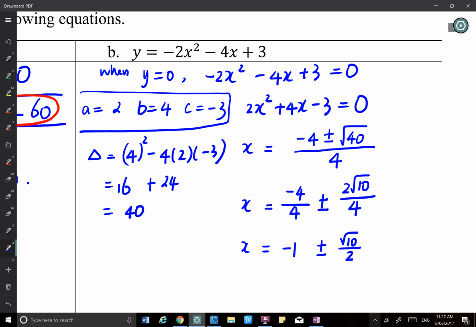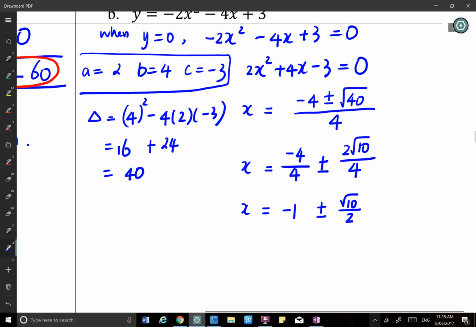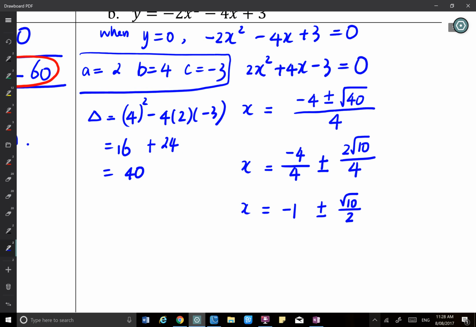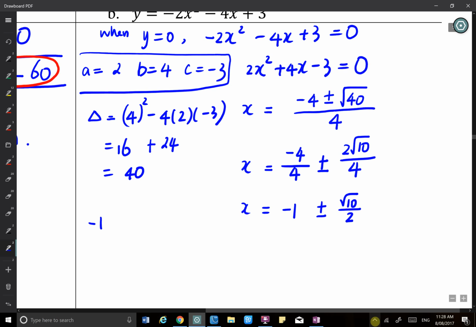How large is that number, approximately? Let's think about minus 1 plus root 10 over 2 first. So how large is about root 10?